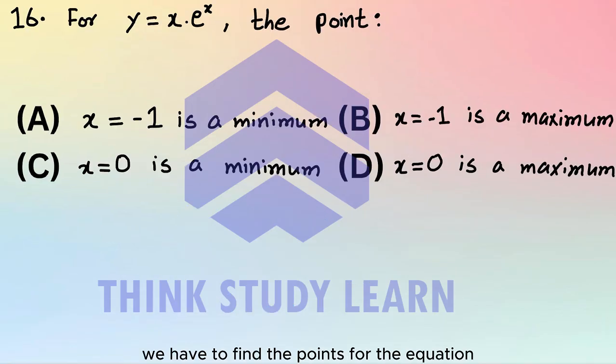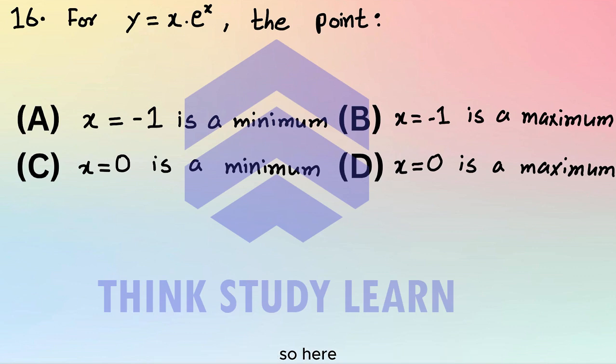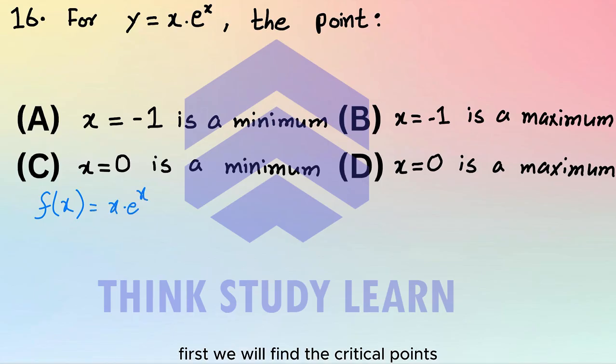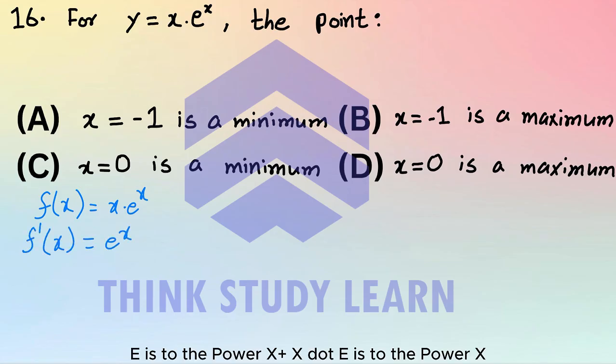In the next question, we have to find the points for the equation y is equal to x dot e raised to the power x. So here the equation given to us is x dot e raised to the power x. First we will find the critical points. To find the critical points, we will take its first derivative, that will be equal to e raised to the power x plus x dot e raised to the power x.